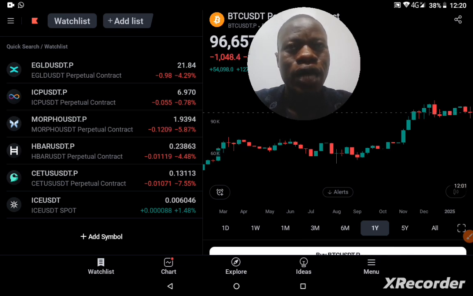I've also explained the parties that work together to allow the financial markets to function. I mentioned the four parties: the investors, which are the buyers and sellers; the intermediaries, which are the brokers for forex and the exchanges for crypto; the regulators, which are the governments and policy makers; and lastly, the market makers.